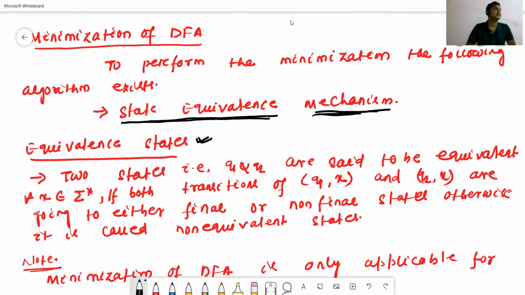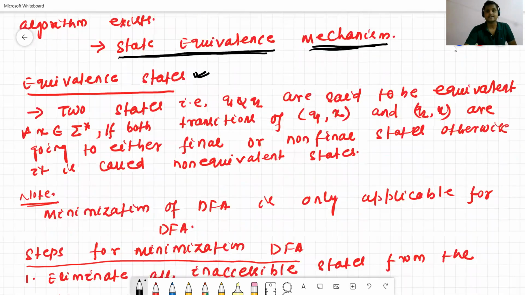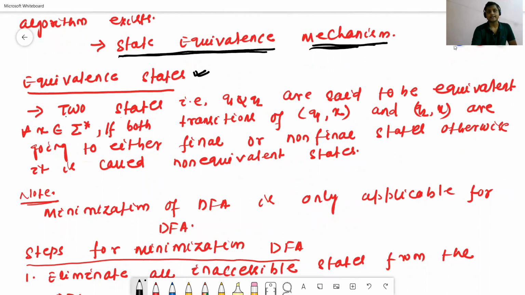See here, two states Q1 and Q2 are said to be equivalent if for all strings X belonging to Σ*, both transitions, Q1 on the input X and Q2 on the input X, go to either a final state or a non-final state, then they are called equivalent states.